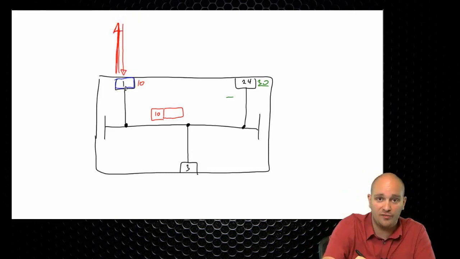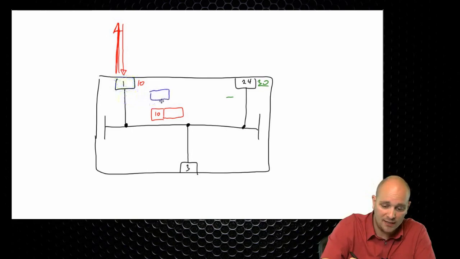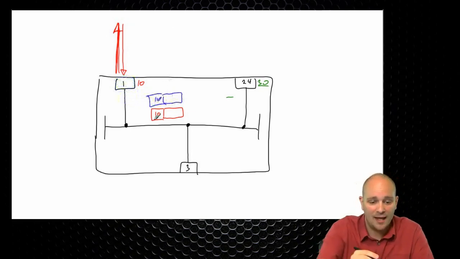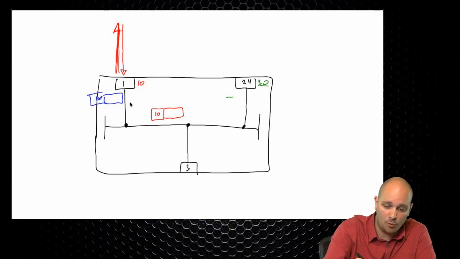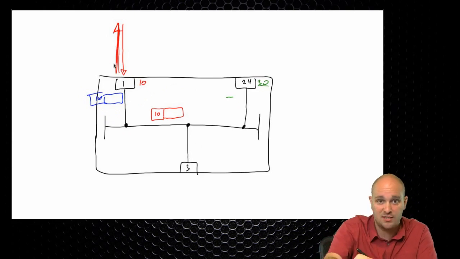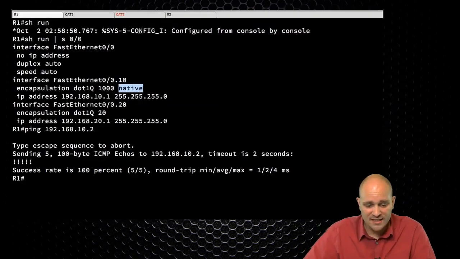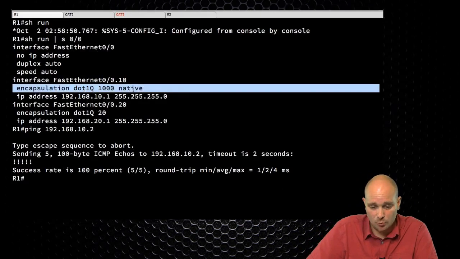And when it arrives at port number 1, it is going to get the same tag as that red traffic we had before. So it's going to get tag number 10. Now, the return traffic is arriving on this port with tag number 10, and the port is configured so that the return traffic, which is in VLAN 10 as far as the switch is concerned, goes out untagged. So the traffic goes untagged to our R1, which is then received on an interface which is untagged.